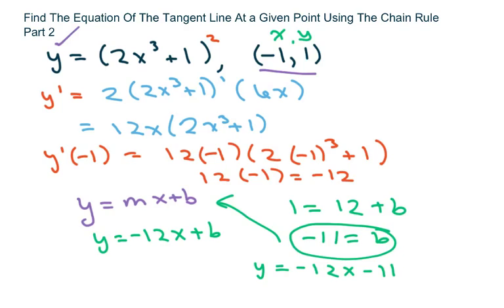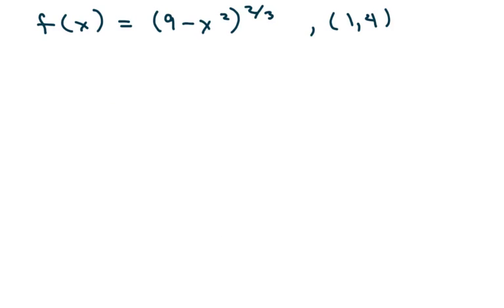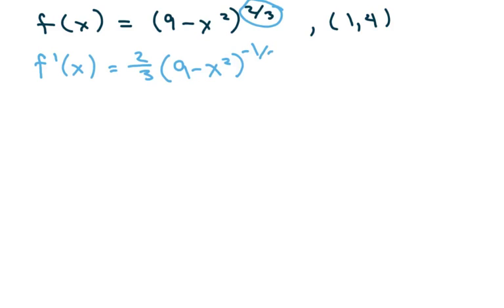I'm going to do a very similar problem, but we have a fraction here, so we're going to take the derivative of the outer function, and 2/3 minus 3/3 is -1/3, and then you multiply it by the derivative of your inner function, which would be -2x.